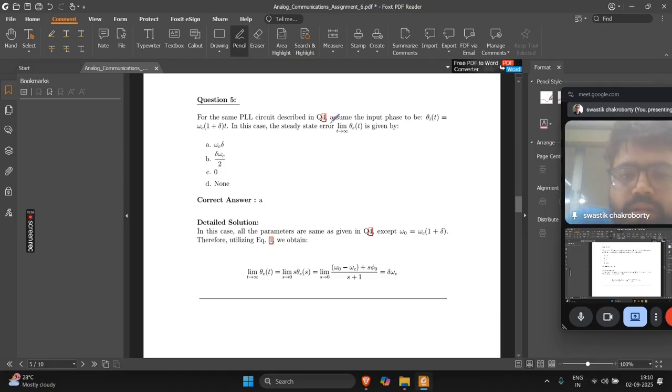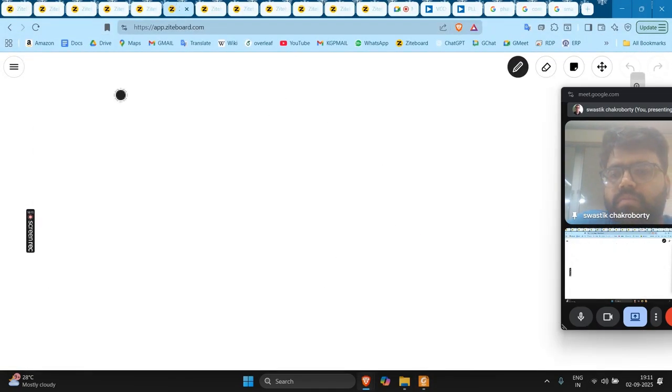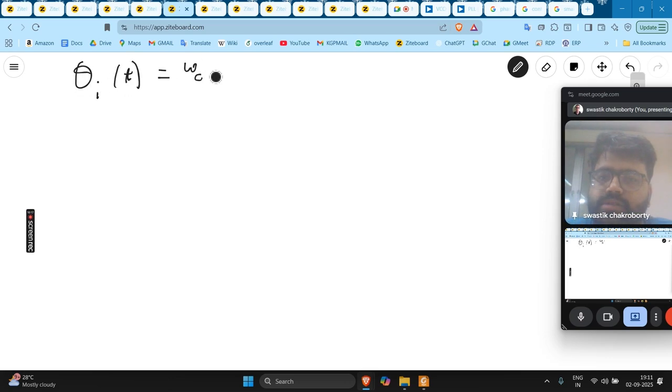For the same PLL circuit described, if theta i(t) is omega c (1 plus delta) t. Previously theta i(t) was omega c t plus pi. That's why omega naught was equal to omega c.